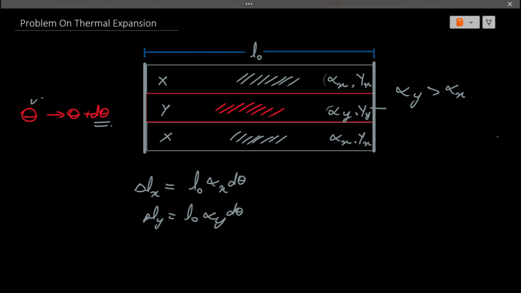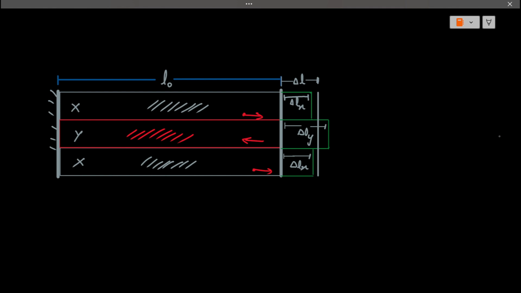Now let us reimagine the post-expansion situation here, and we have the figure. Let us call this end fixed. The left end is fixed and the right rivet is moving. So we call this change in length for the rivet delta L. So we have the base of the expansion as delta L after the expansion.